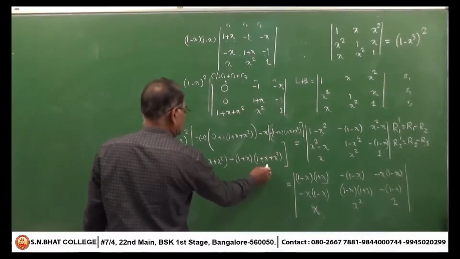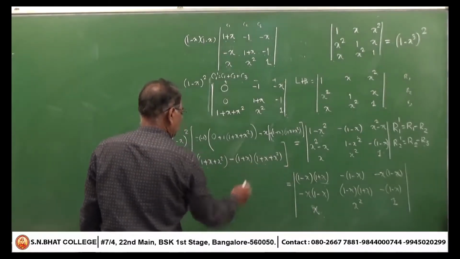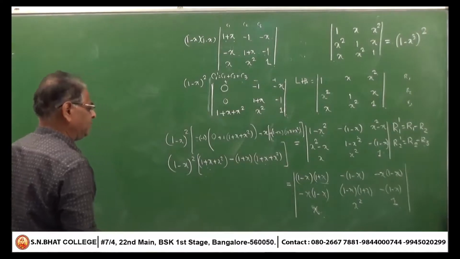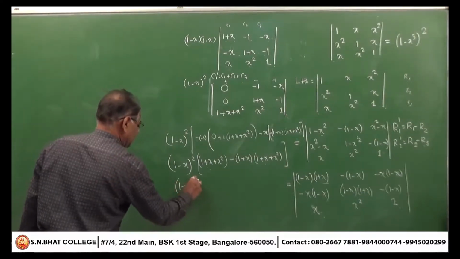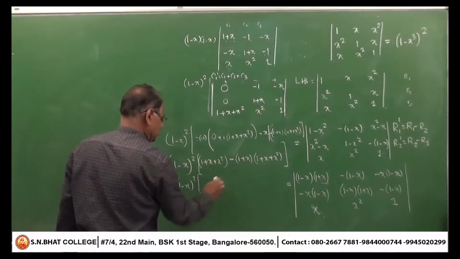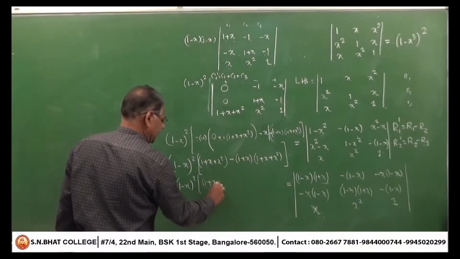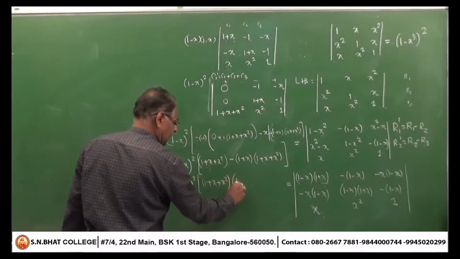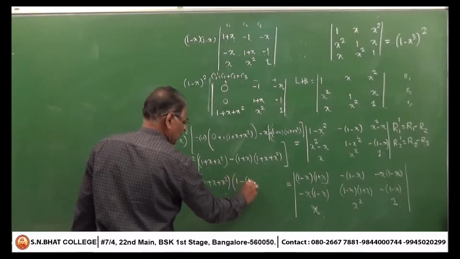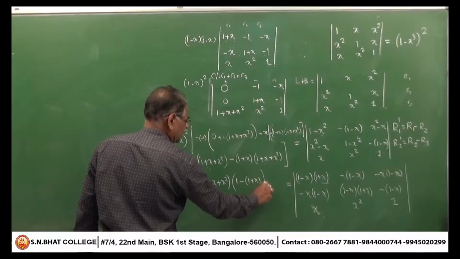In these two terms, the common factor is (1 plus x) square. This is (1 minus x) whole square into, in these two terms, (1 plus x) square is the common factor. Here you are left with 1 minus of (1 plus x).